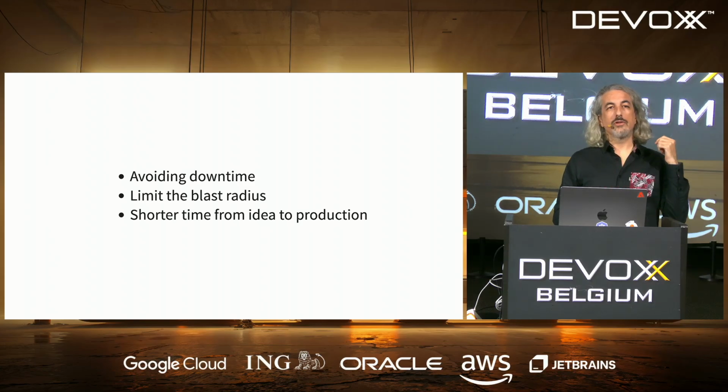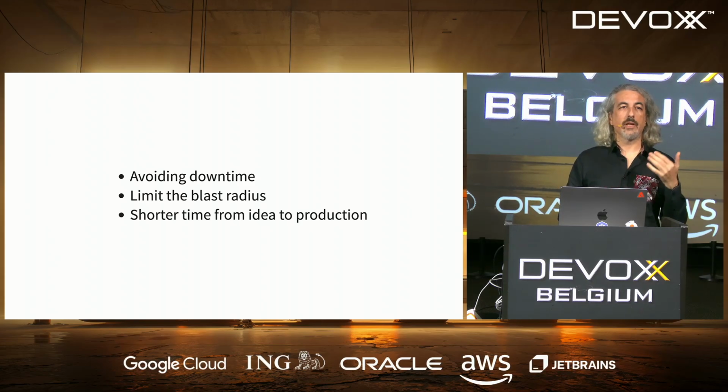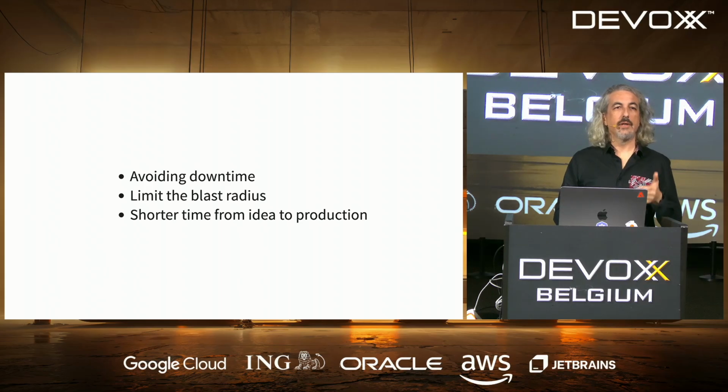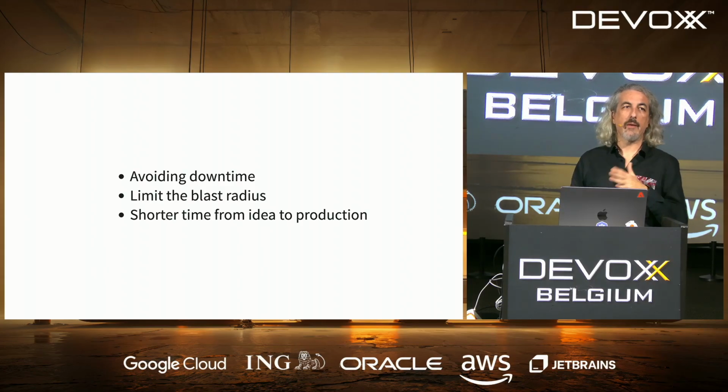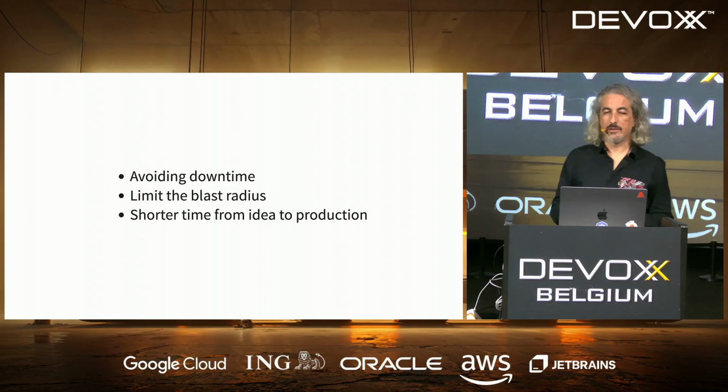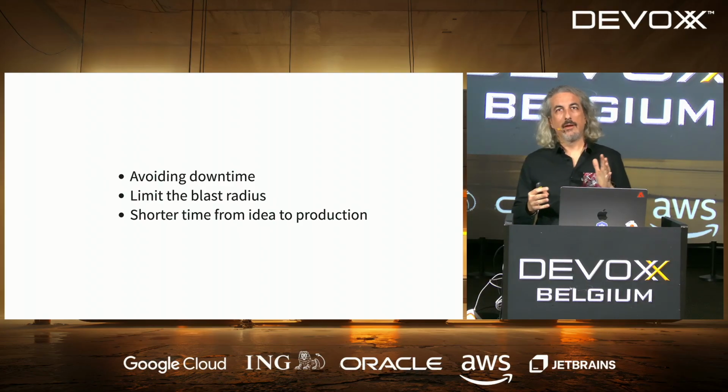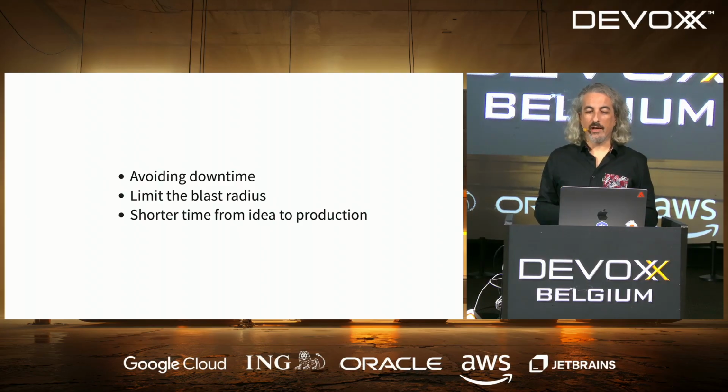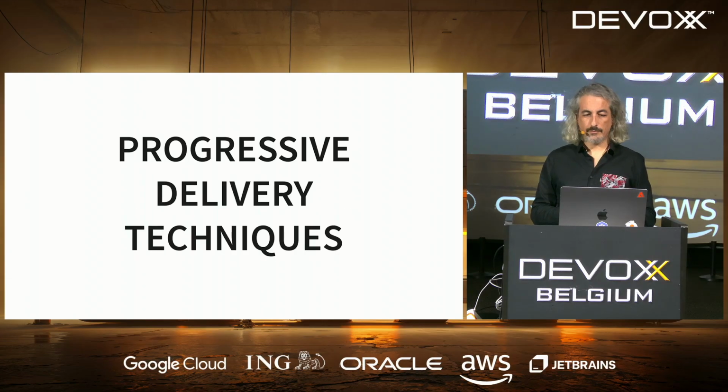It also allows you to get to production faster because you have all these safety nets, and you can deploy things knowing that if this breaks, you're not breaking everything in production. I may break some internal employees' website or whatever. That depends on the aversion to failure in your organization.